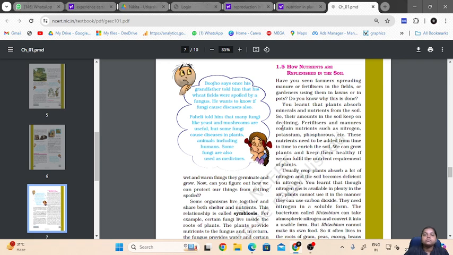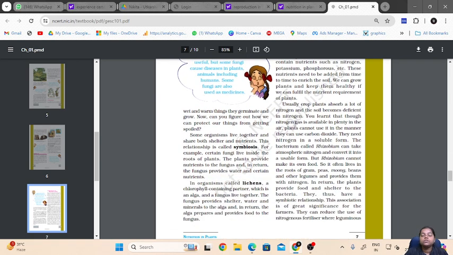The plant will directly absorb it and remain completely healthy, correct. But there is one way through which we can provide nitrogen to the plants: there is a bacterium called rhizobium. That bacterium can take atmospheric nitrogen and convert it into soluble nitrogen which the plant can absorb.